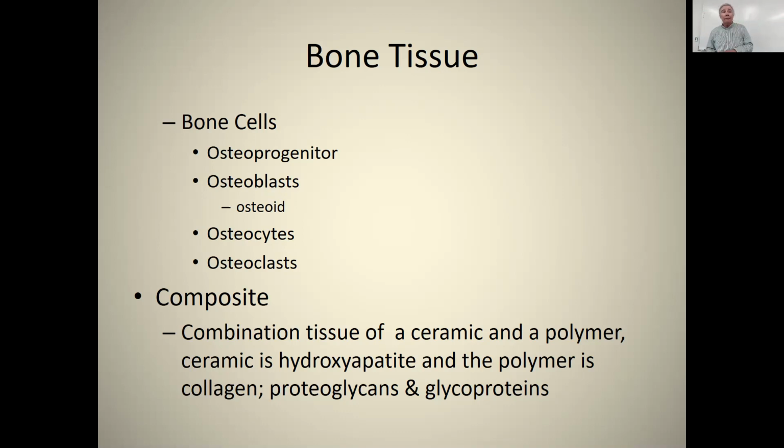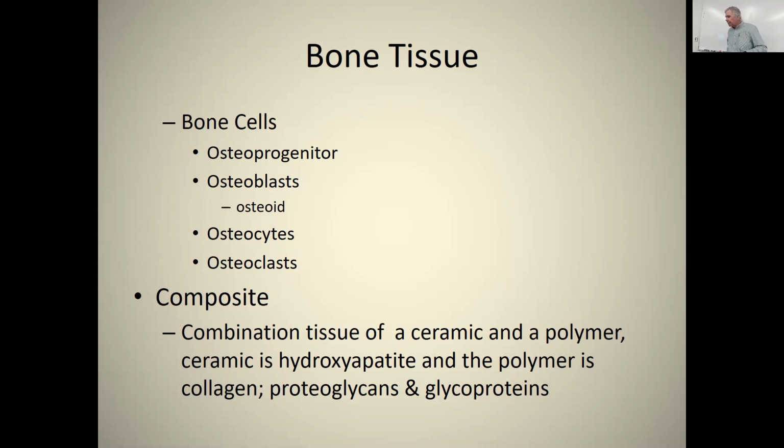So like airplane fuselages are made of composite material. They have to be really, really hard, but not brittle. You know, regular ceramic is really brittle. You drop it on the floor and it breaks. If it's a composite, it can flex. It's flexible as well as very hard. That's the composite.